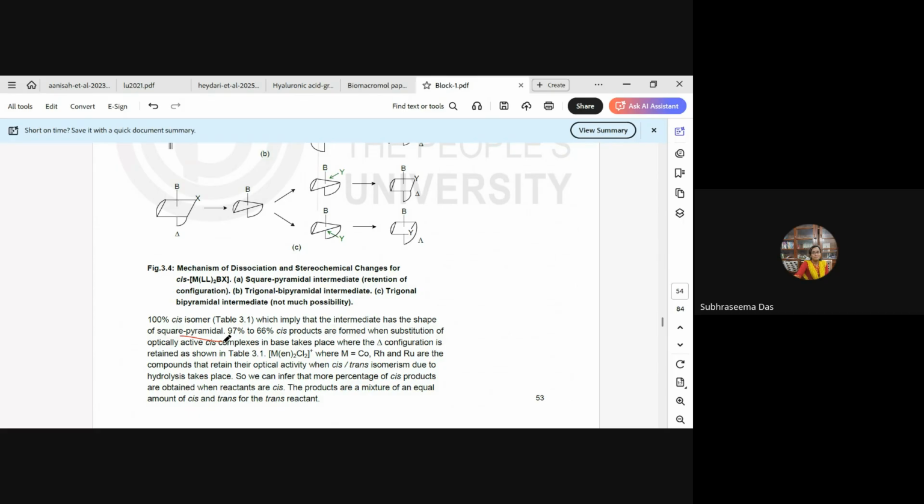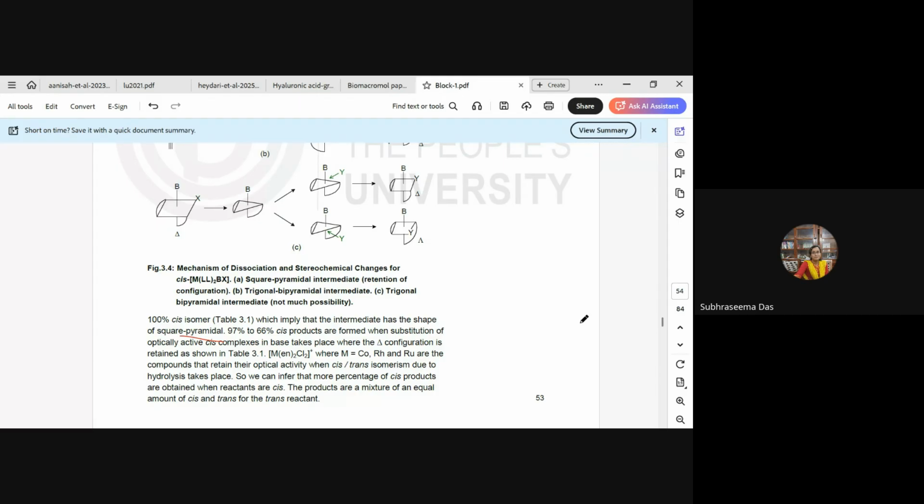Although the theory talks of the possibility of one trans isomer and two cis isomers, the experimental evidence has shown only 100% cis isomer. Because of the experimental evidence, it was concluded that the intermediate, as in figure 3.4, acquires the square pyramidal structure.